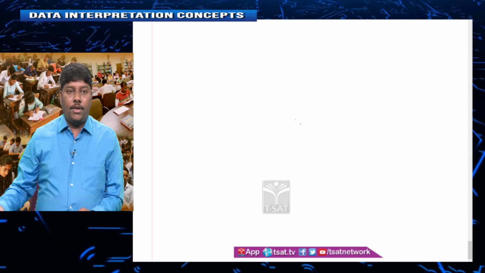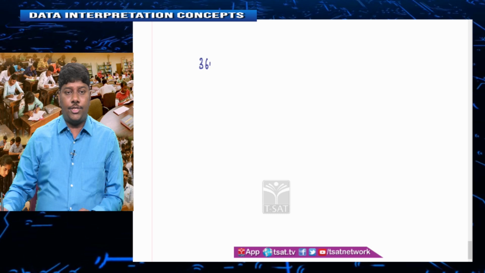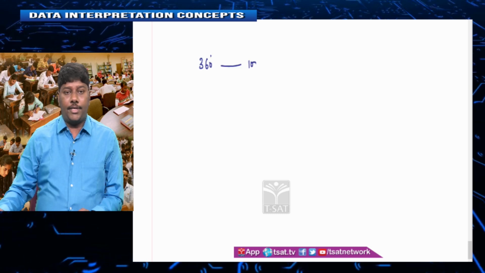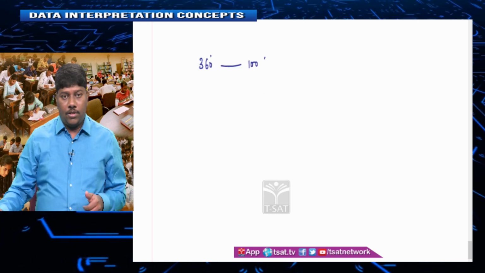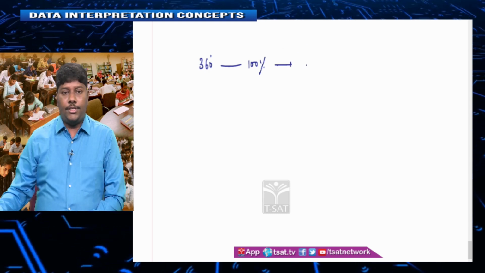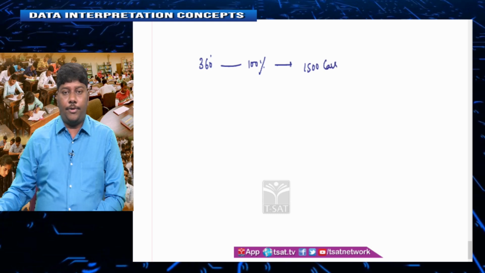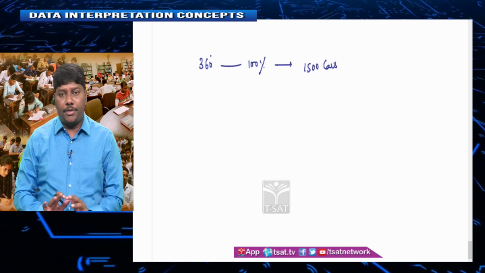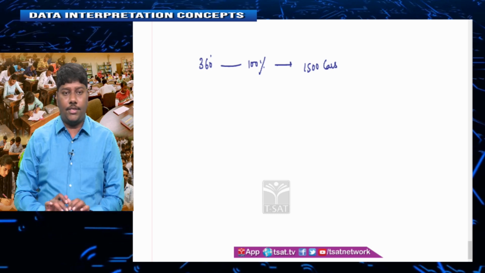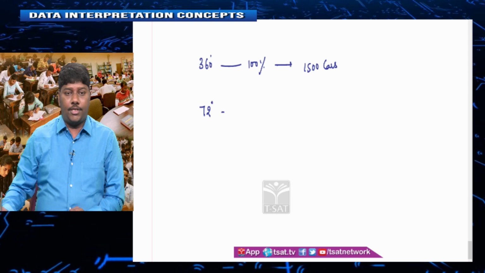And finally, how is proportion useful in this? They'll give you 360 degrees to 100% to some data. Let's say the number of cards produced is 1500 cards. Your total cards represented in the pie chart is 1500 cards. Now if I give you only 72 degrees, how much percentage is it?